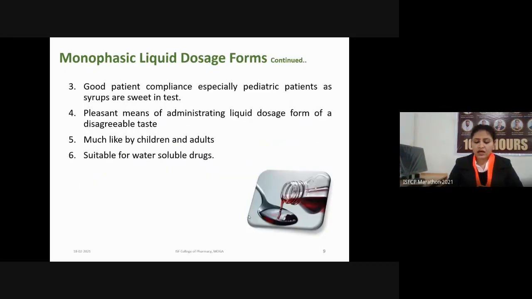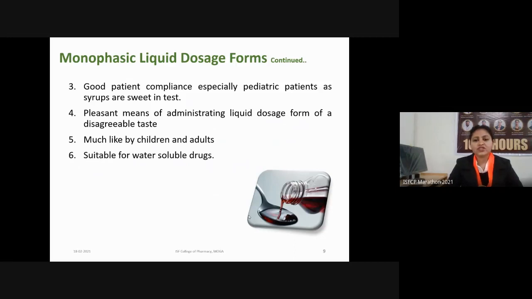The other advantage of syrup is that it gives good patient compliance, especially in pediatric patients, as the syrup is sweet in taste. As the syrup is made up of sucrose, it is very sweet, and children like to have sweet things. So it gives great patient compliance in the case of pediatric patients.